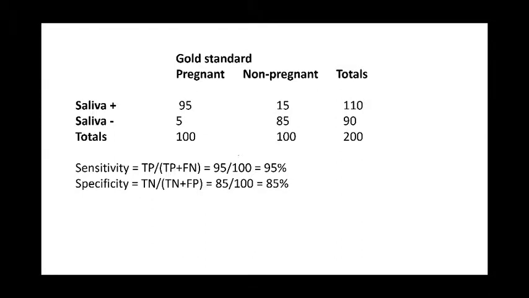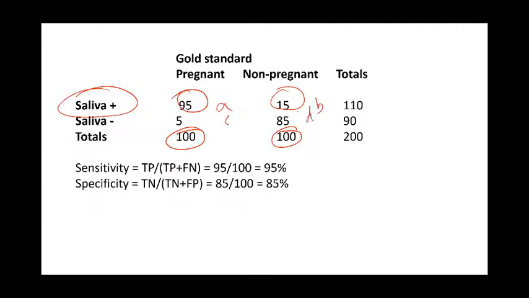So total number of pregnant women were 100, not pregnant were 100. And the saliva test is the diagnostic test we want to evaluate. It shows 95 plus 15 positives, out of which the gold standard shows that 95 were pregnant and 15 were not pregnant. So A is 95, B is 15, C and D. Okay.